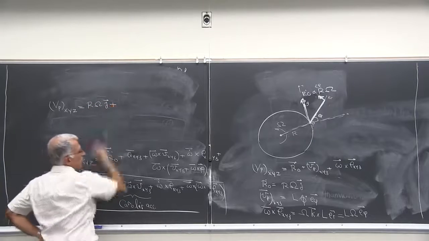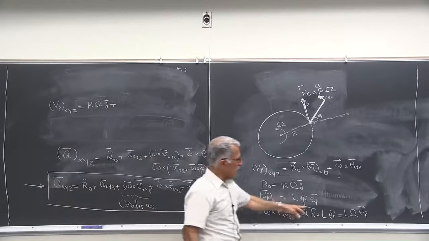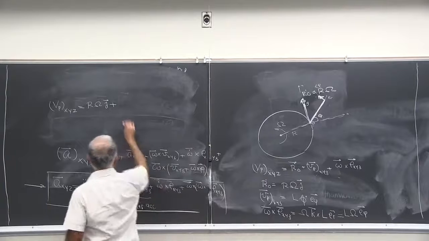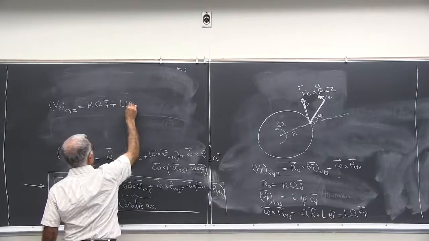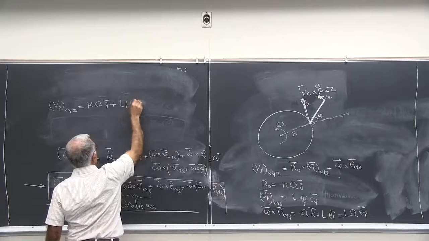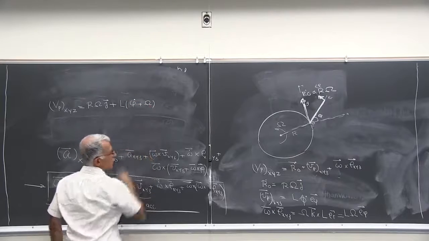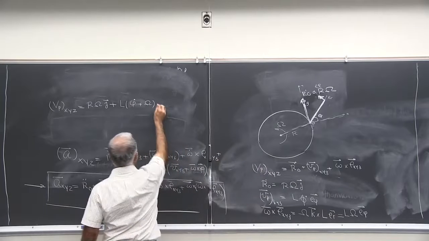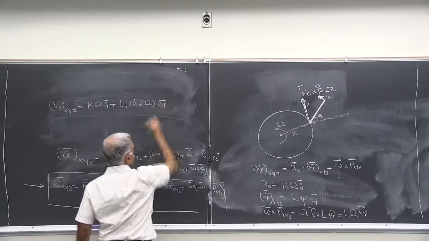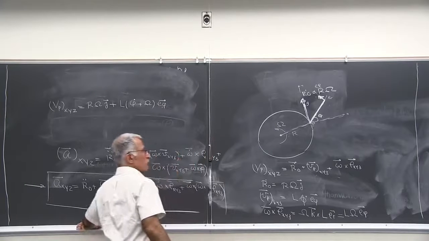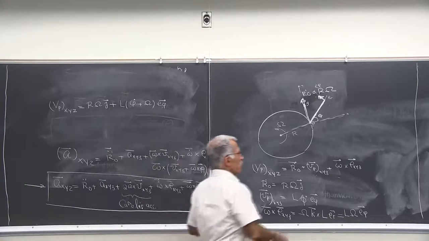Then you do have this term and this term, they both are E phi, so I can put them together, and that would be L times phi dot plus omega, E phi. So this point has velocity here, the point P.